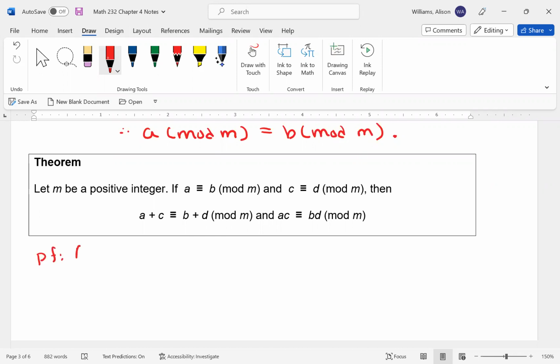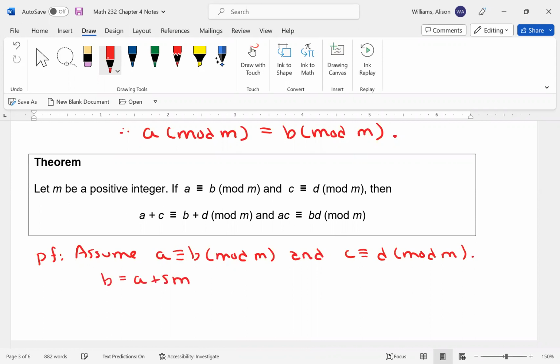So let's start by assuming a is congruent to b mod m and c is congruent to d mod m. So then from that, b equals a plus sm, and d equals c plus tm, for integers s and t.